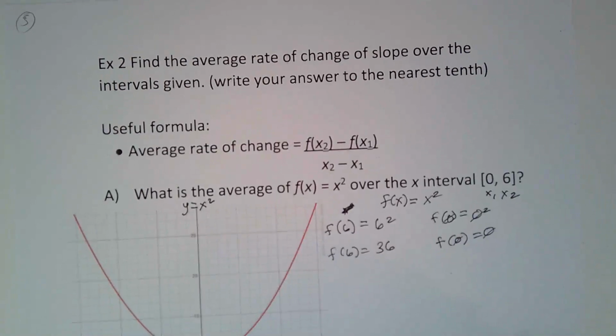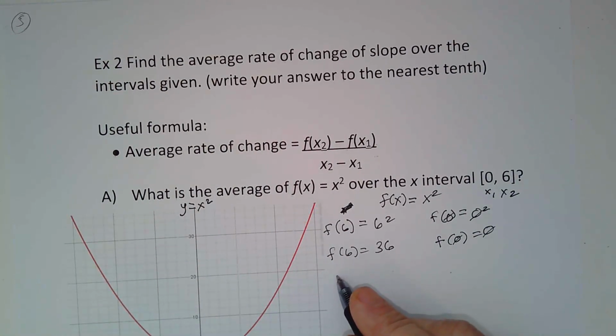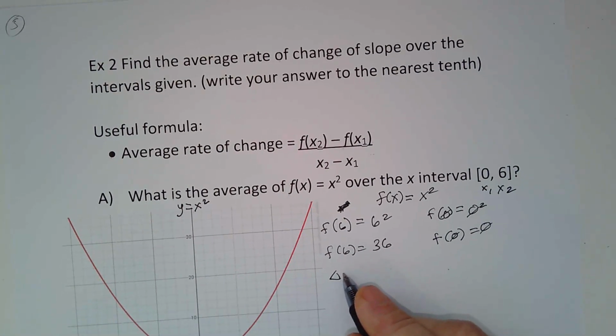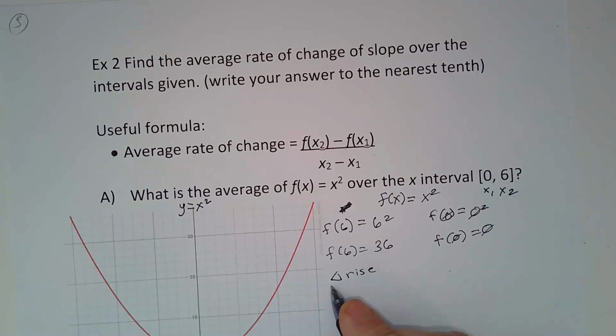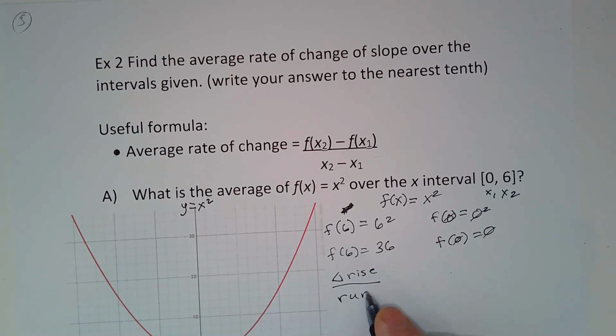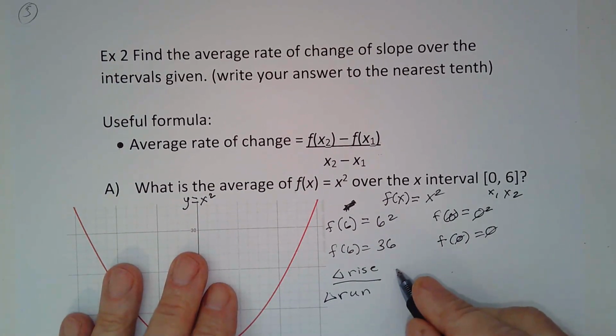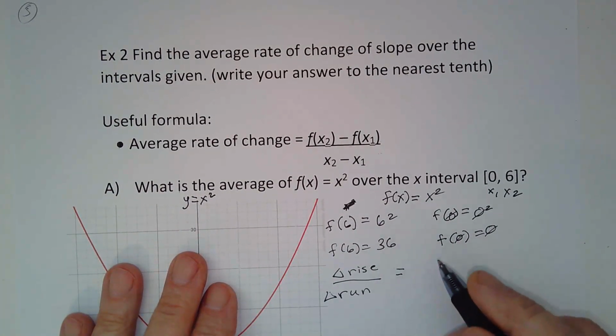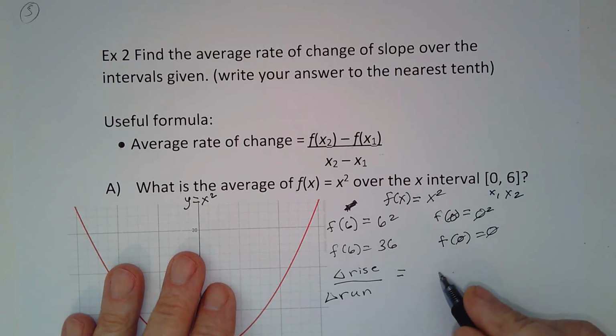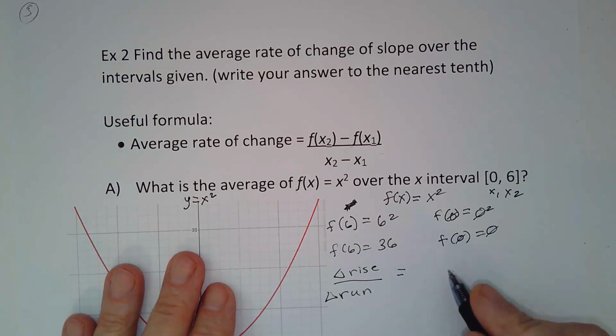All right. So again, rise over run. So the change in the rise over the change in the run is what we're using. And so that means our y we're going to put in the numerator. So that's going to be our f of 6.